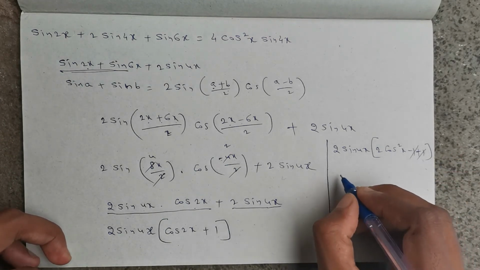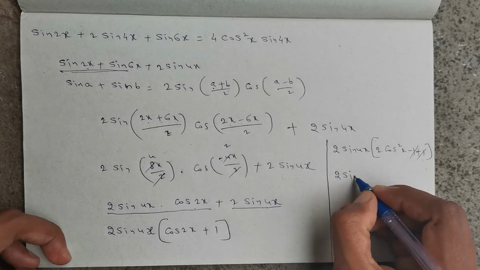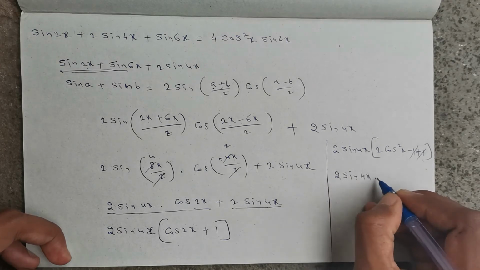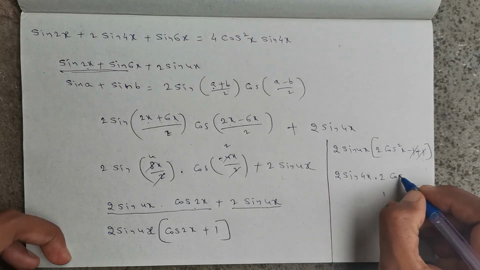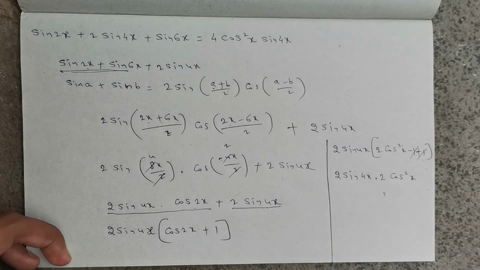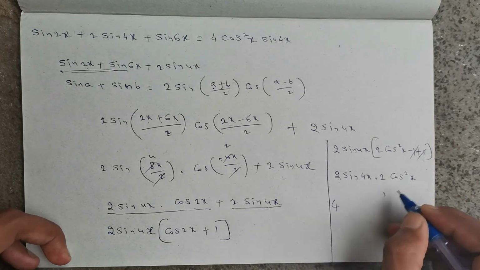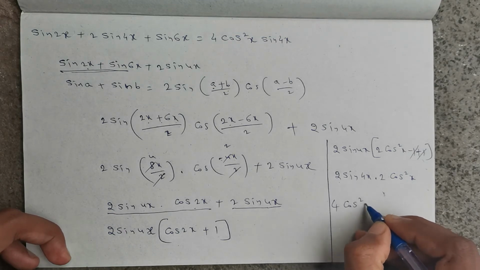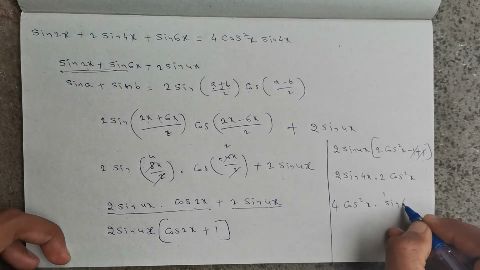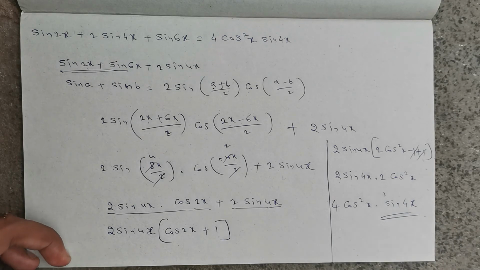Minus 1 plus 1 both get cancelled, so we remain with 2 sin 4x into 2 cos square x. 2 into 2, 4 cos square x into sin 4x, hence proved.